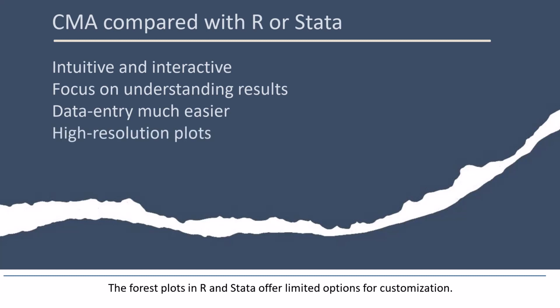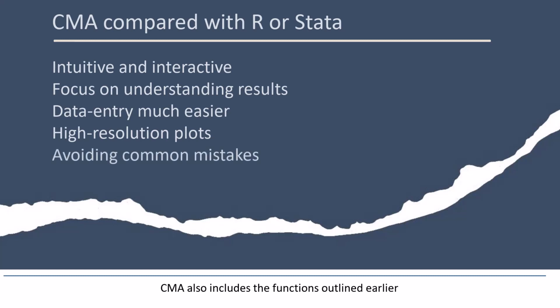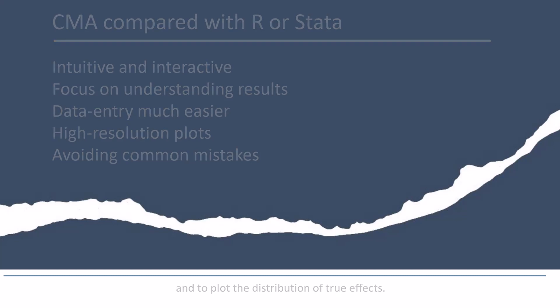The forest plots in R and Stata offer limited options for customization. By contrast, the forest plot in CMA can be customized extensively and interactively. CMA also includes the functions outlined earlier to create reports, to avoid common errors, to teach meta-analysis, and to plot the distribution of true effects.